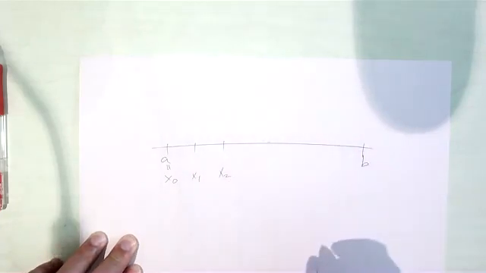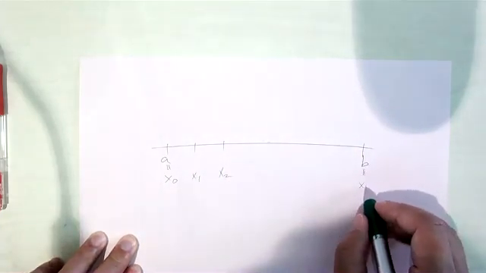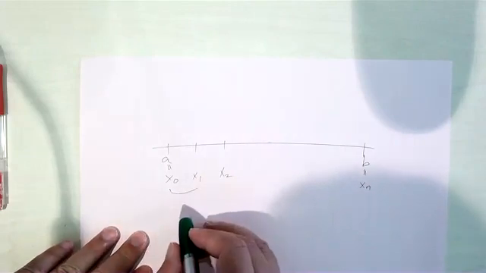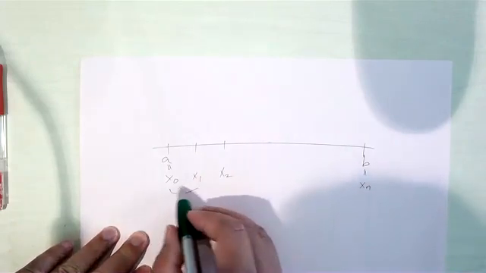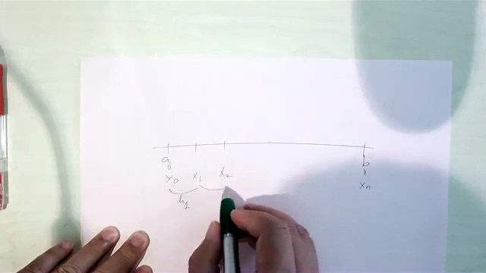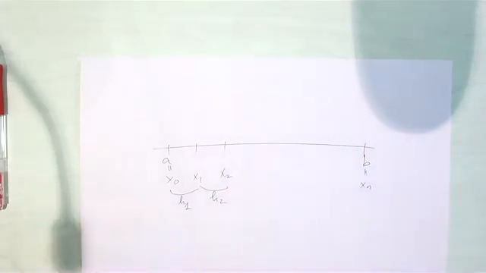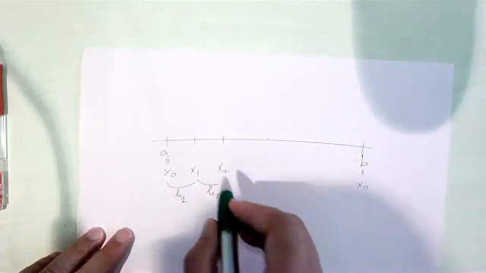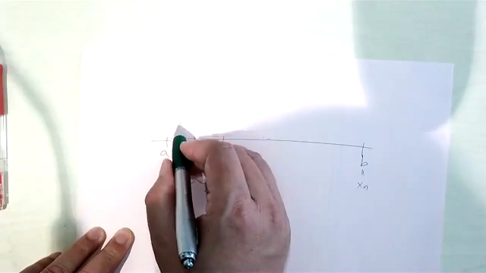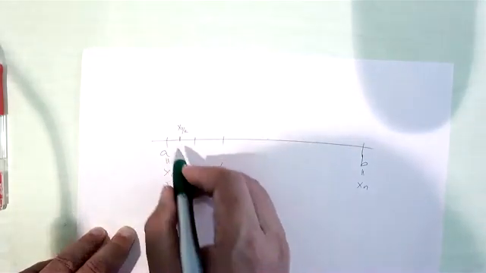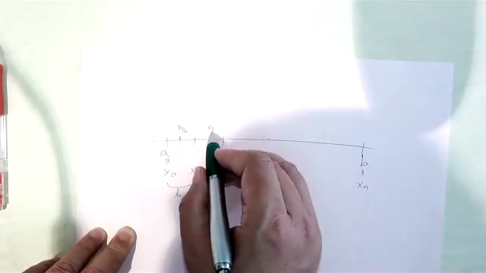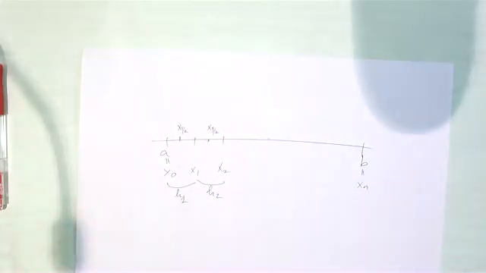The last one will be xn. Then h1 will be the width between x1 minus x0, and this one will be h2 and so on. And then you have xj minus 1/2. So this one will be your x 1/2, and this one will be your x 3/2, and so on.